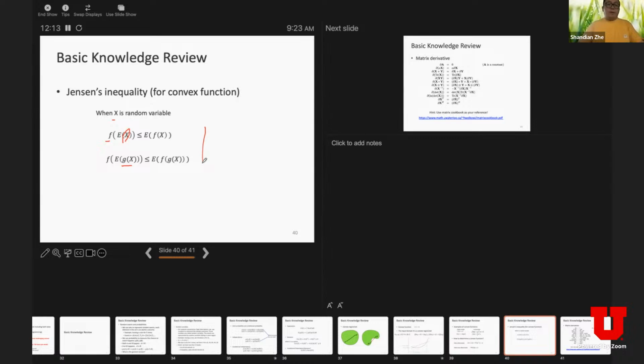The construction of the learning objective for variational inference is based on Jensen's inequality, because we look at the logarithm of the probability, which is the log likelihood, the log joint probability. If you take the negative of the logarithm of some function, it is convex, so you can apply Jensen's inequality to get some bound.